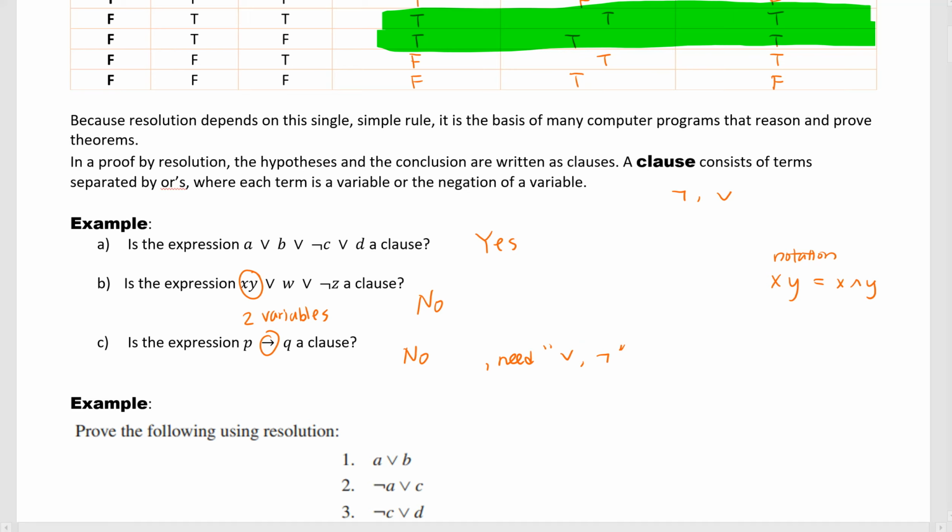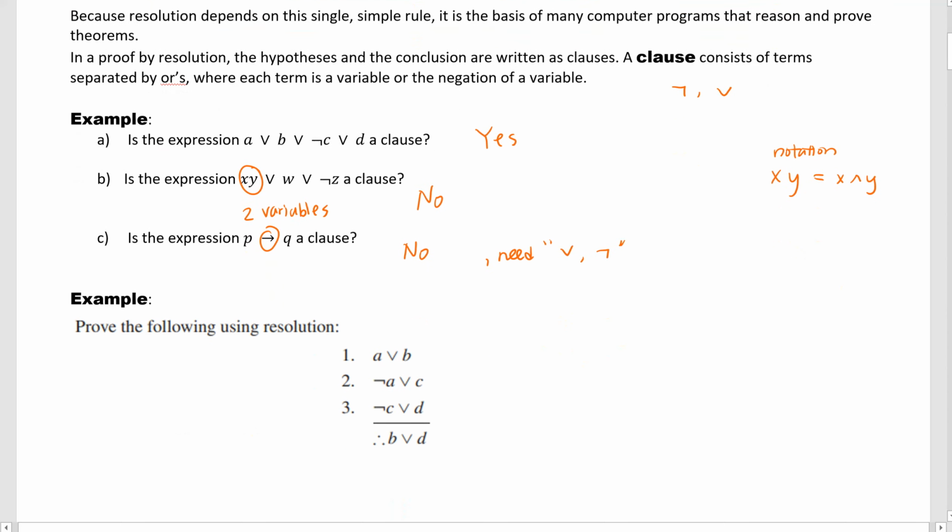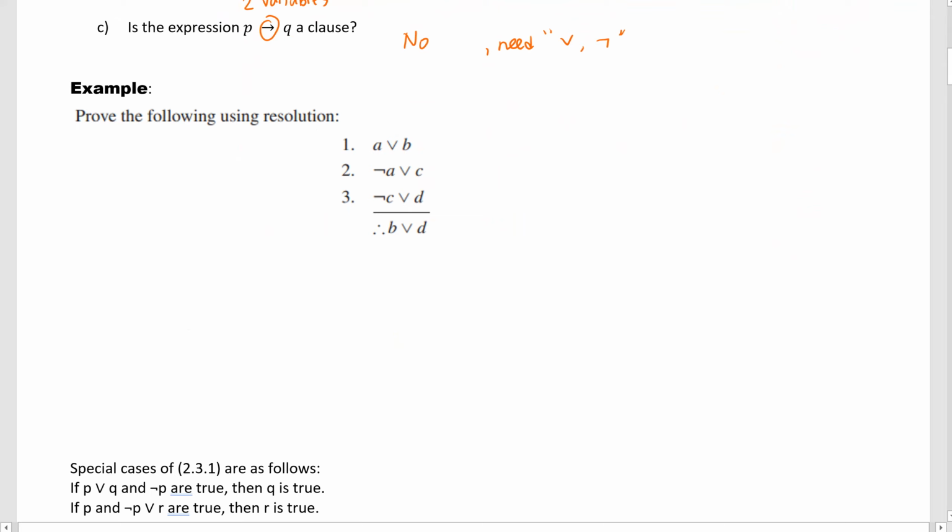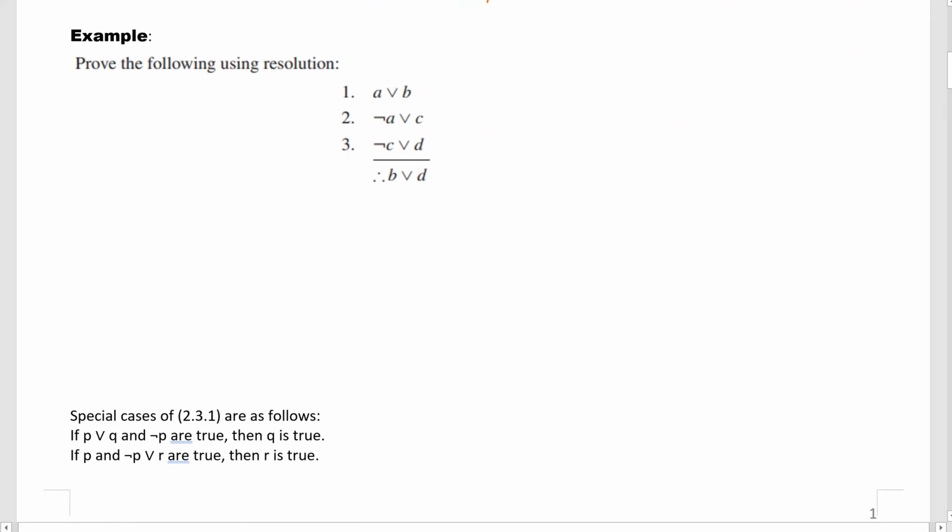All right. Let's continue. Example, prove the following using resolution. So resolution, let me recall, is this: when you see P or Q and not P or R, you can combine them and you get Q or R. How do I think about it?